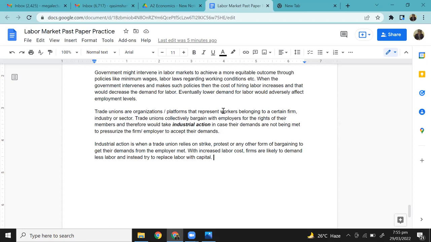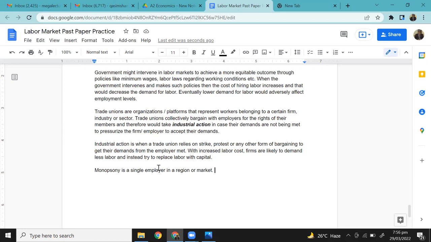We good? Okay. Now moving on to the last part, and that's monopsony. Monopsony is a single employer in a region or market. Sometimes there is only one firm that can hire a certain type of labor.